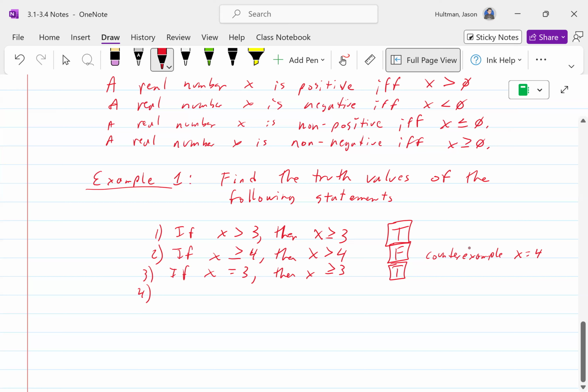Number 4: if x is positive, then x is non-negative. Is that true or false?